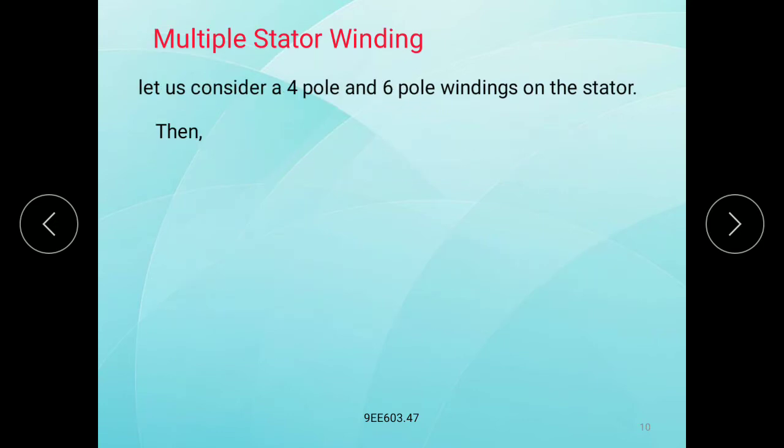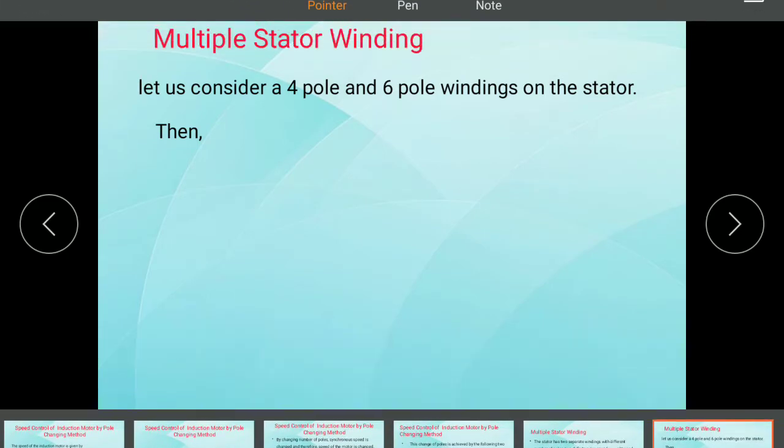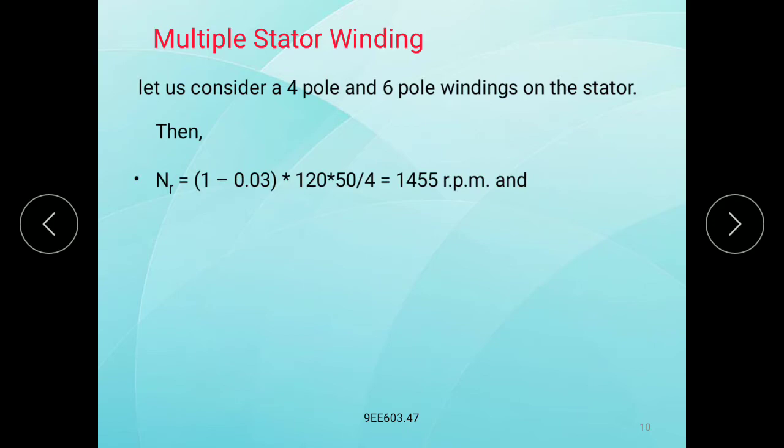Let us consider a 4-pole and 6-pole winding on the stator. Here NR is equal to (1 minus 0.03) into 120 F by 4. When 4 poles are used, the speed is 1455 rpm.